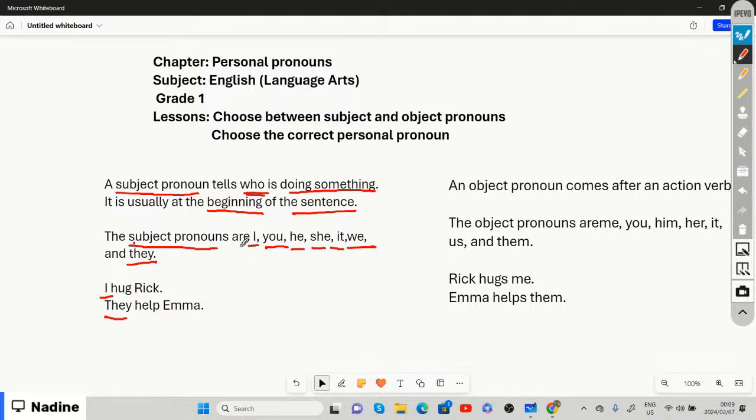And we said subject pronouns tell us who is doing something. So it's either I, you, he, she, it, we, or they. Those are subject pronouns.